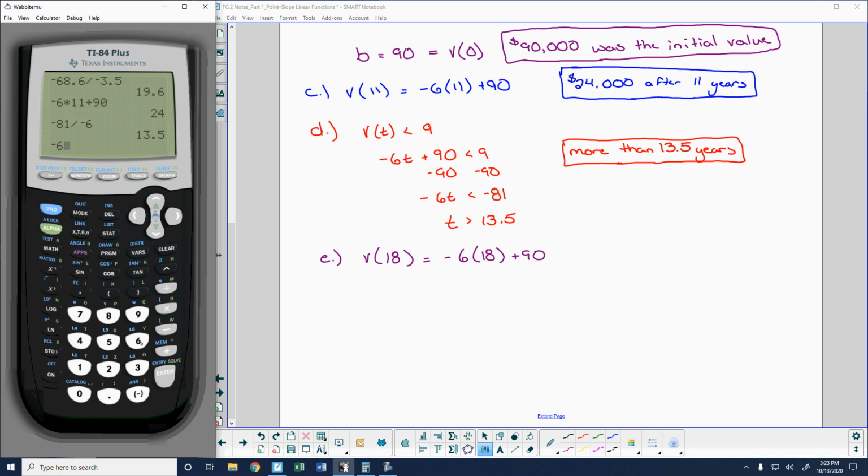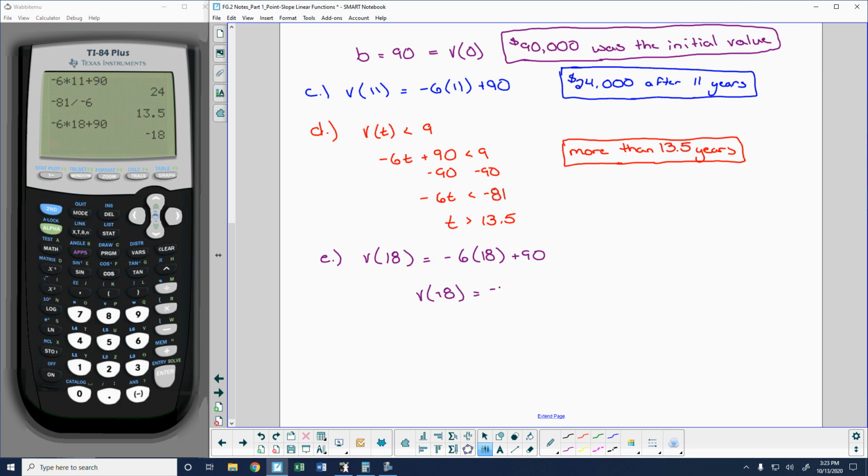If I type that into the calculator, my value after 18 years would be negative $18,000. Can that happen? Well, no. So this model does not work for 18 years down the road, because the value can not be less than 0.